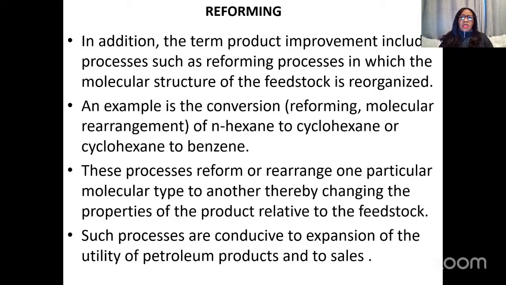So these secondary processes help to expand the range of products that we can obtain from petroleum.